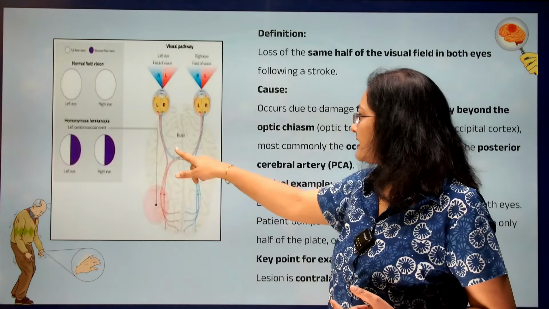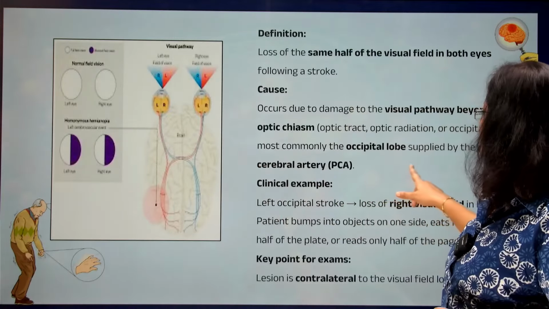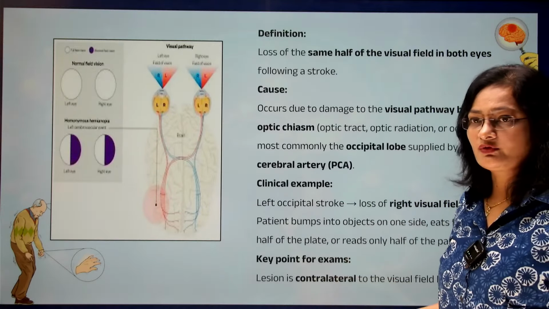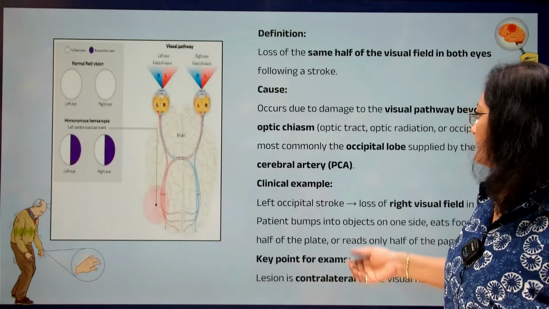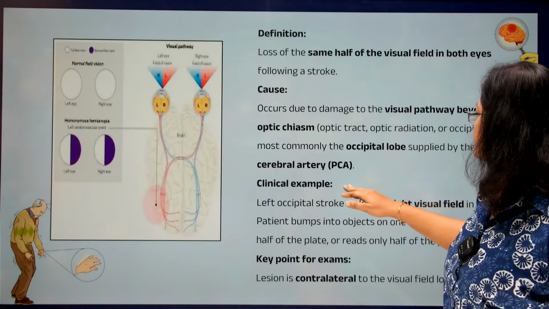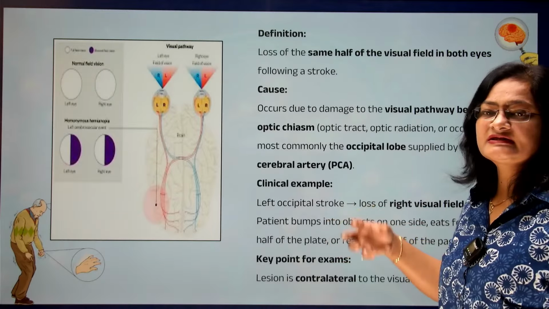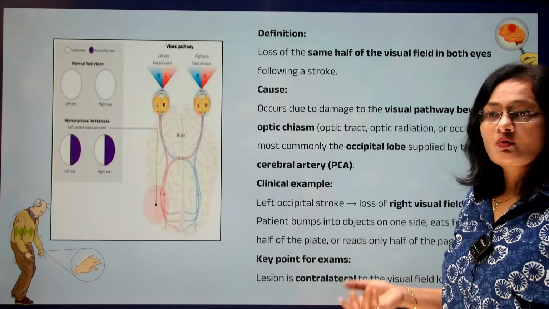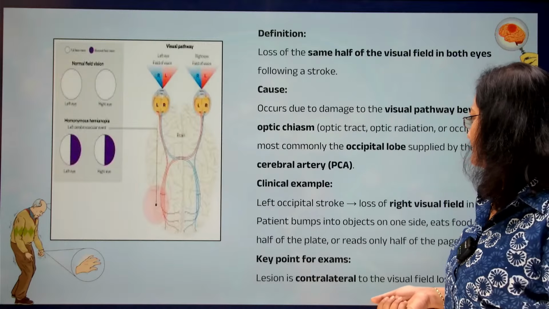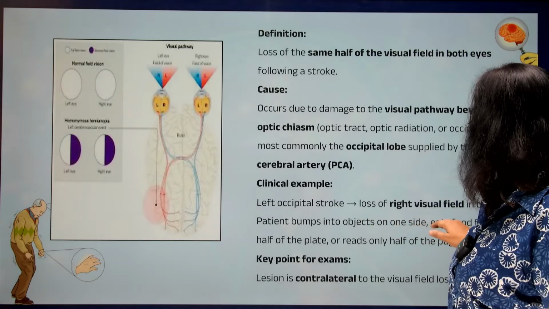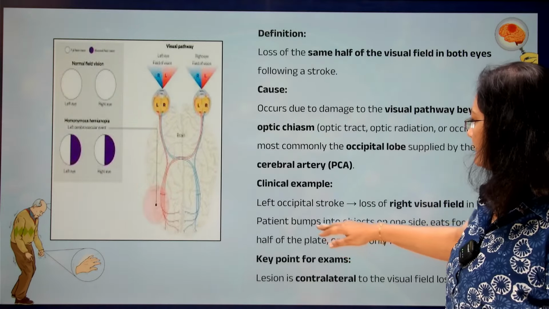It is the optic chiasma. So whenever there is affection of the visual pathway, there will be homonymous hemianopia. It is mostly seen in posterior cerebral artery involvement, so a PCA type of stroke will commonly produce homonymous hemianopia. So the right visual field in both eyes.